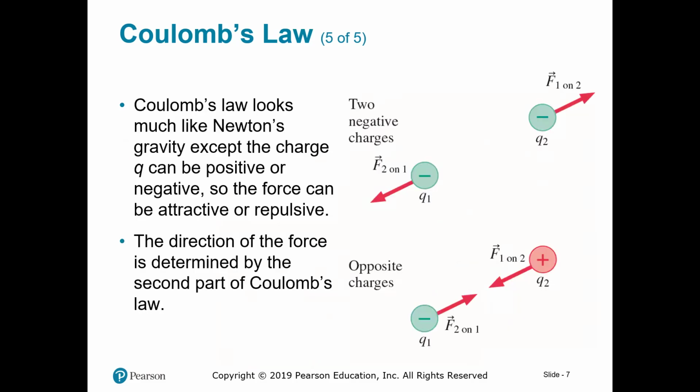So Coulomb's law again looks like Newton's law. It's the same, right? The direction of the force is determined by the sign. I don't think you need a lot of additional explanation for that: same charge repels, different charges attract each other, right?